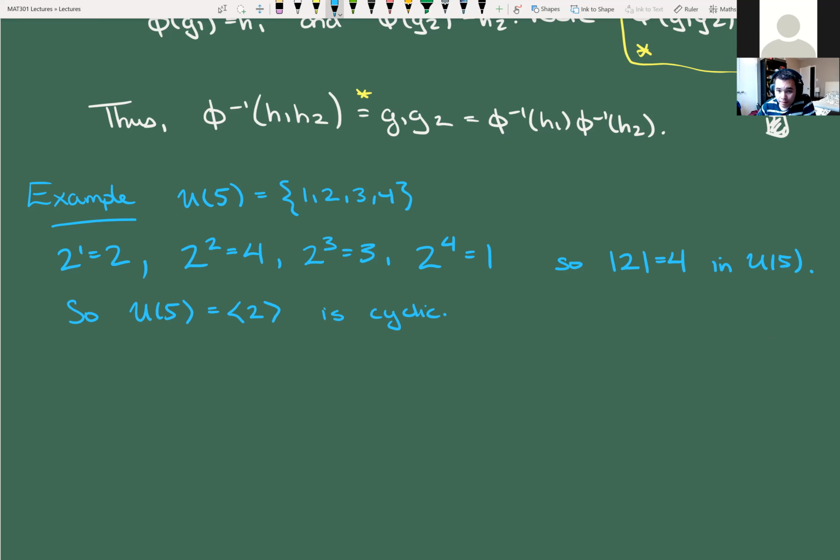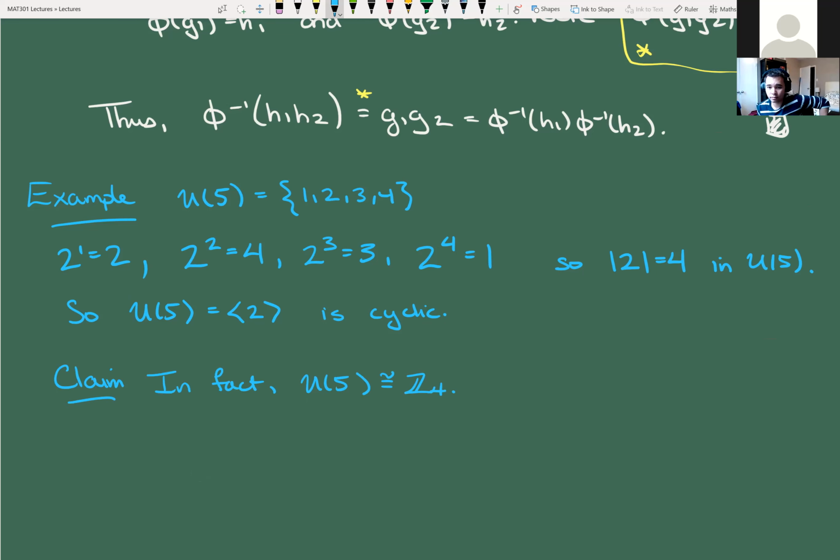I claim that in fact, U5 is isomorphic to Z4. And it turns out all cyclic groups, if I give you a cyclic group of order n, it's isomorphic to Zn, period.